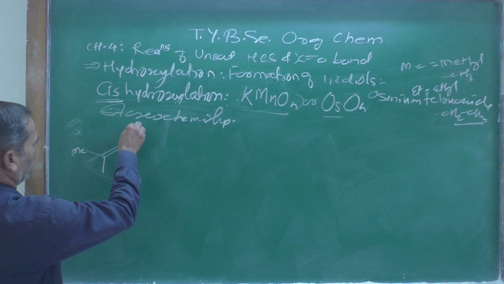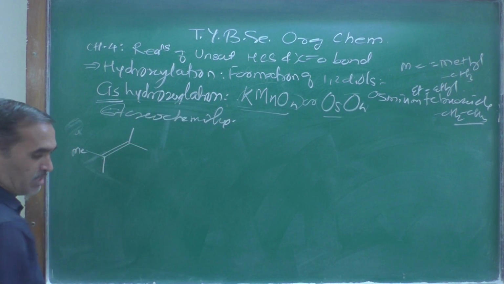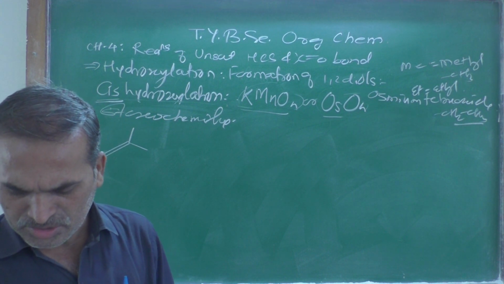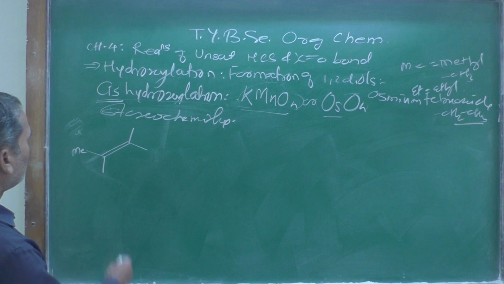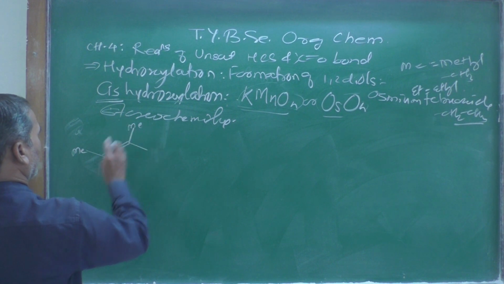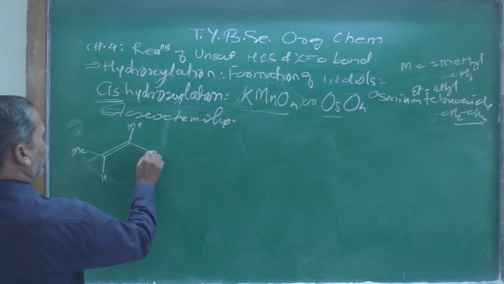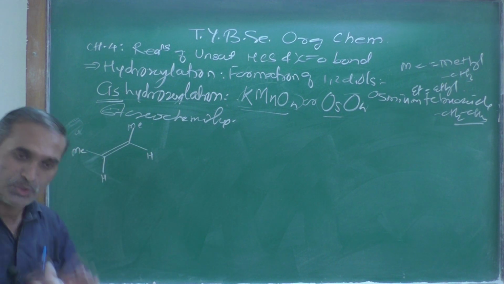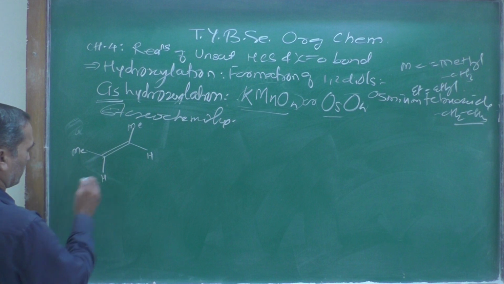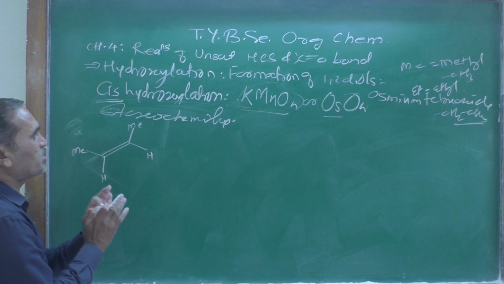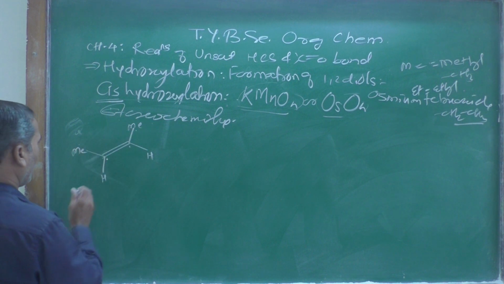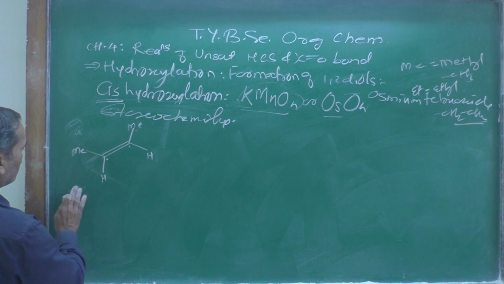Now for stereochemistry purposes, we are writing one of the structures of cis. This Me I am writing here, and this one is an H, this one is an H. Do you know the name of this compound? Yes, this is cis-2-butene. 1, 2, 3 and 4, and therefore this is known as cis.